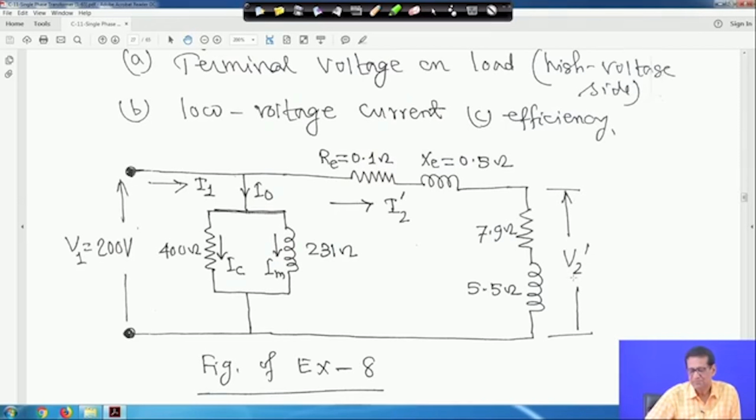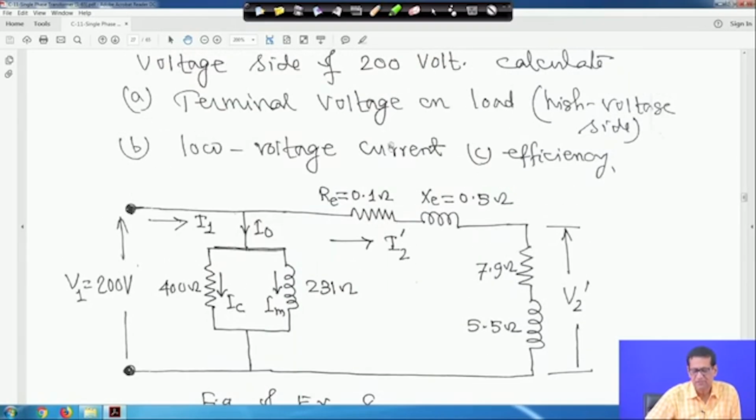Earlier you have seen V2 dash is equal to KV2, which we have already seen in our mathematical derivation. All these parameters are given. We have to find the terminal voltage on the high voltage side, that is V2, then the low voltage current, that is I1, and the efficiency.